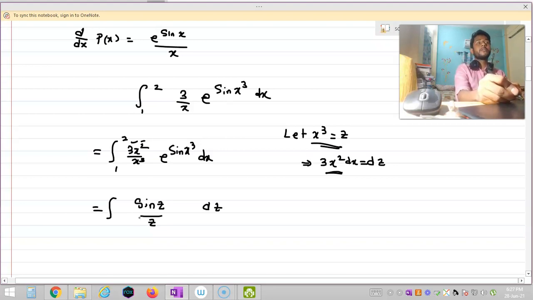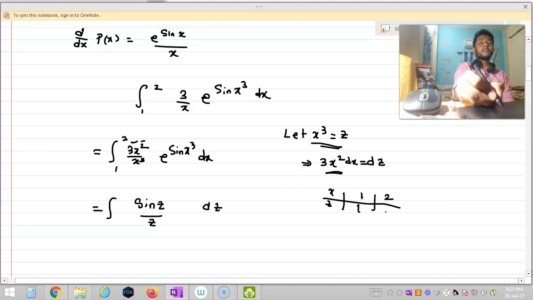Now we have to find the range. If x equals 1, z equals 1, and if x equals 2, z equals 8, right? So this is nothing but 1 to 8.